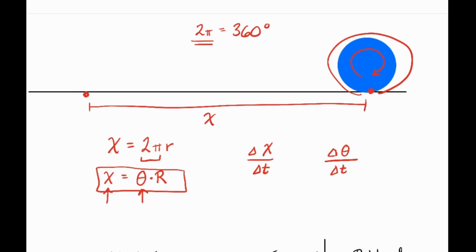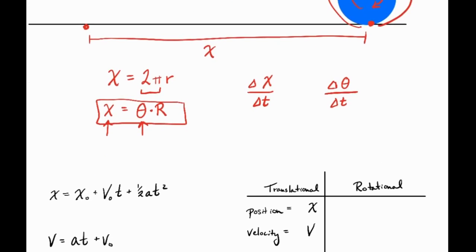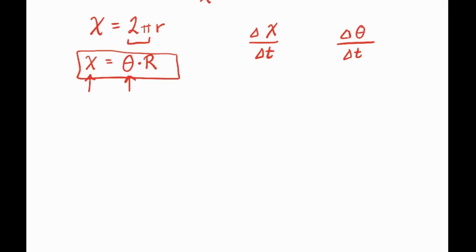And all I'm doing then is on both sides of these equations, I'm just dividing by time. So position divided by time, or change in position divided by change in time, is equal to my change in angle divided by my change in time. Then this is still the same equation on both sides.